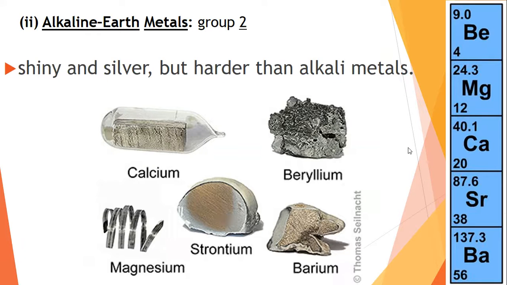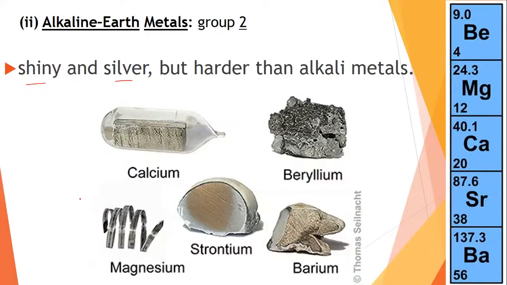The next group is called the alkaline earth metals. Again, they are shiny and silver. They tend to be a little bit harder than group 1. And although they are not as reactive as the group 1 metals, the alkali metals, they are still pretty reactive.